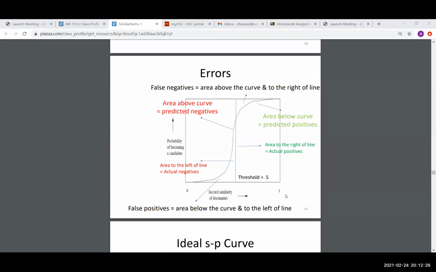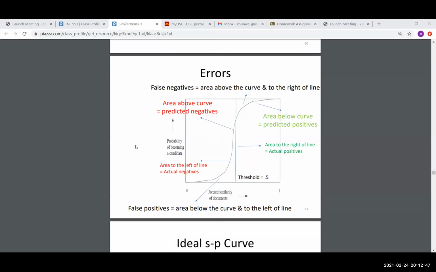I think I have questions about LSH. Let me see. Yes, could you explain one more time about this graph? How the threshold and probability work? What would be the specific question?